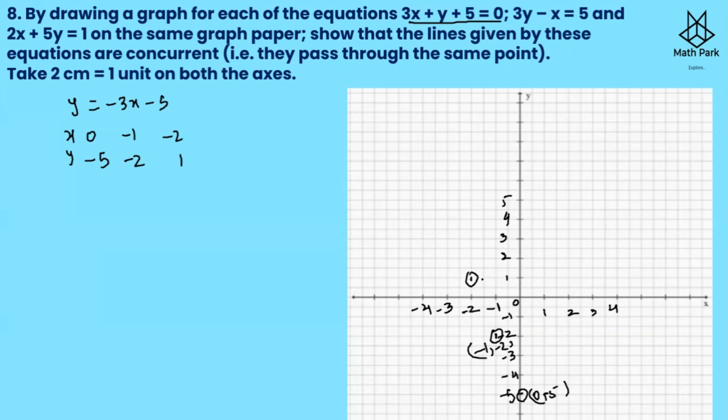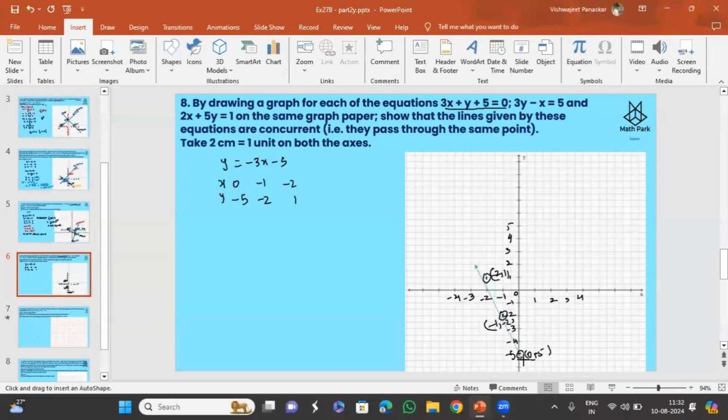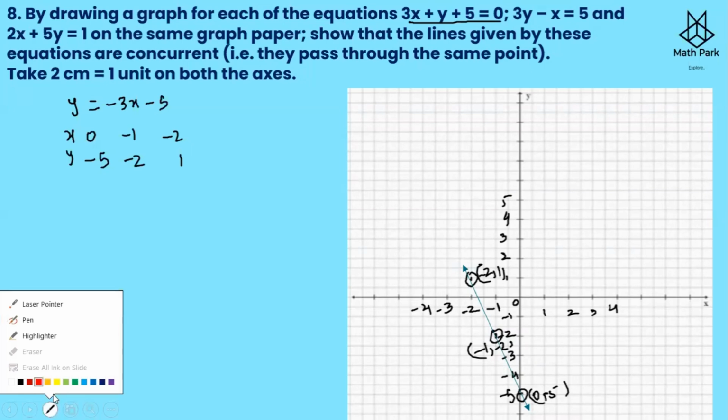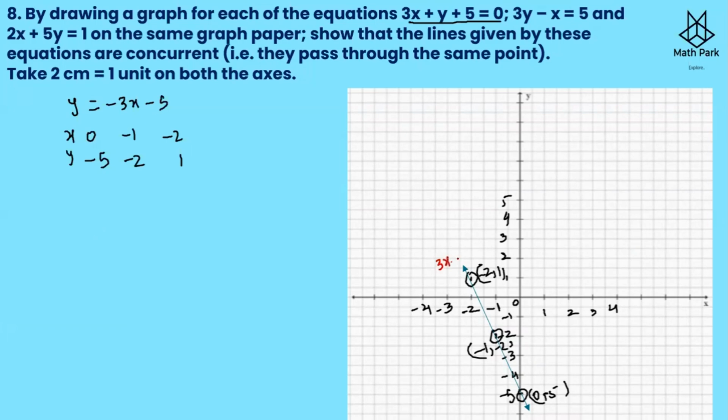Let us join the points. The equation of this line is 3x plus y plus 5 equals 0. The next line is 3y minus x is equal to 5.